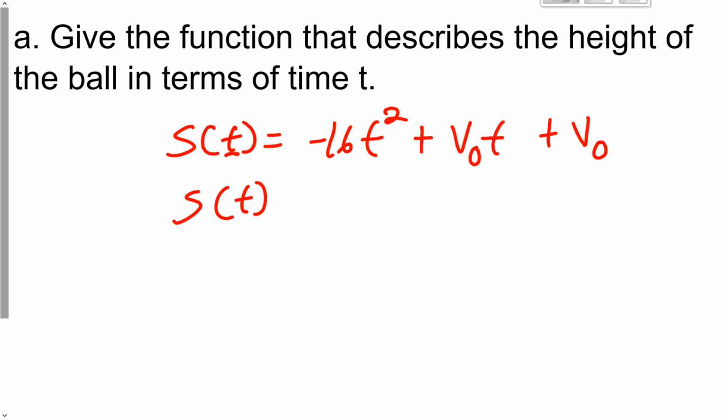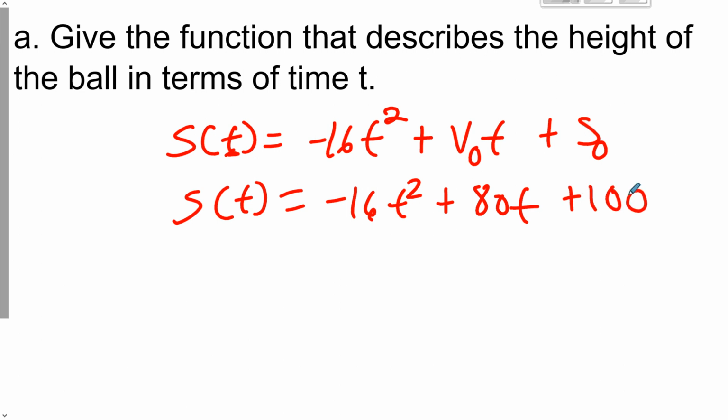That's why there's a t in here. So negative 16 t squared plus our initial velocity, which is 80 t, and then plus our initial height, which is 100. So there it is.